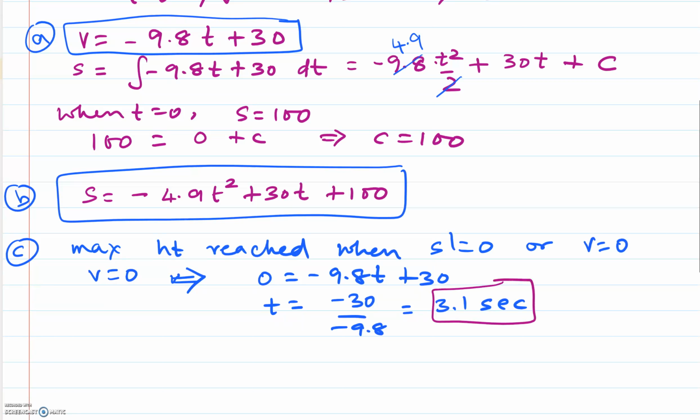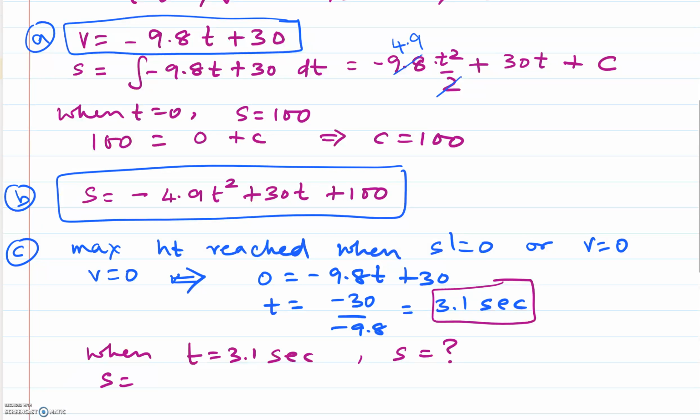But the question is, what is the maximum height? So we're going to find the maximum height. Once we have the time, when time is 3.1 seconds, that is the time point when the object reaches the maximum height. What is the height of the object? So we're going to use the s function and plug in 3.1 into the s function.